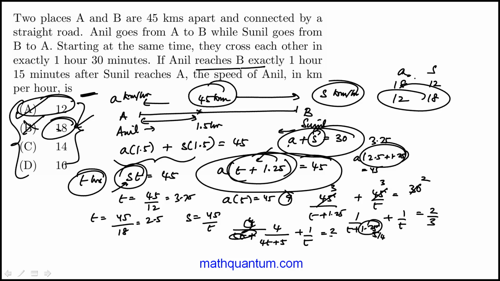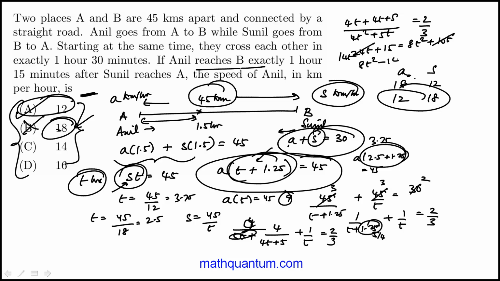I'm going to do this as quickly as possible, so I might be skipping some steps. Multiplying out, we get 8T squared plus 10T, and that becomes 14T. Our quadratic is 8T squared minus 14T minus 15 equals 0.